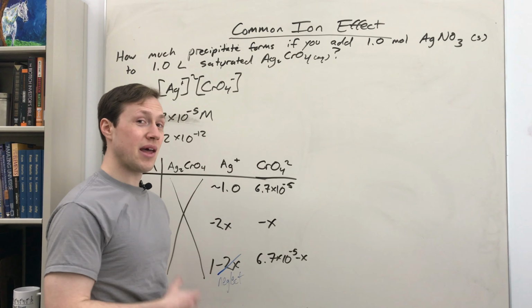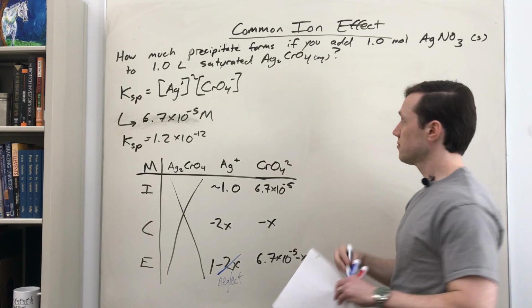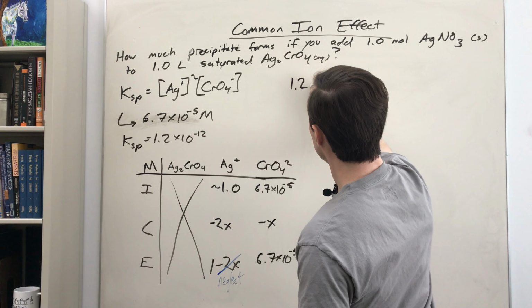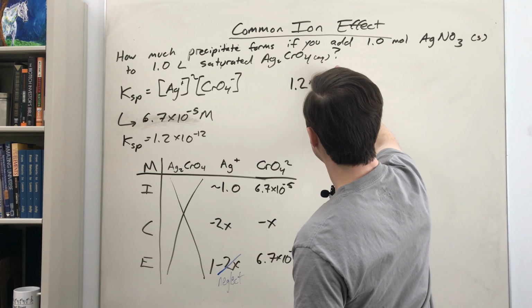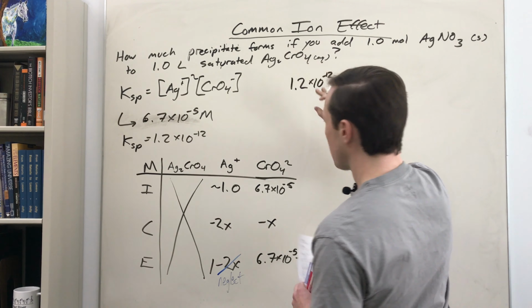So, now that we know what our equilibrium values are, let's put them into our KSP expression and solve. We're still governed by the same KSP value we were previously. We're neglecting the minus 2x, so this is going to be 1.0 squared.